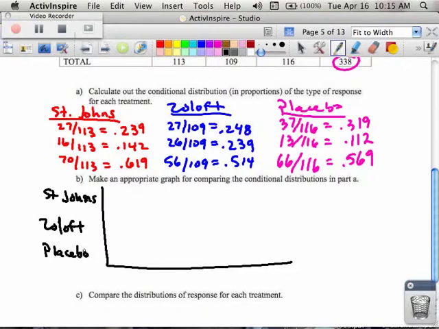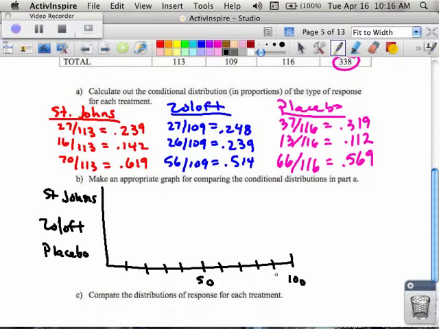If we're talking about the distributions here, we want 100% of the data being represented. So I'd break this up: here's 10, 20, 30, 40, 50, 60, 70, 80, 90.